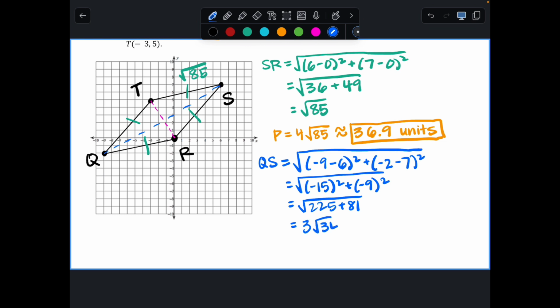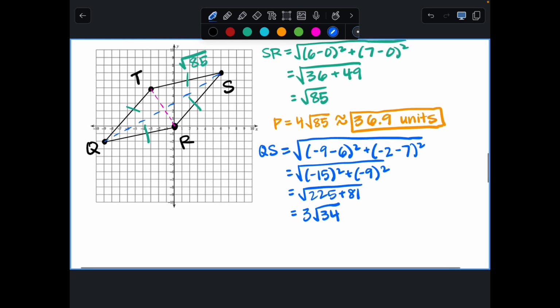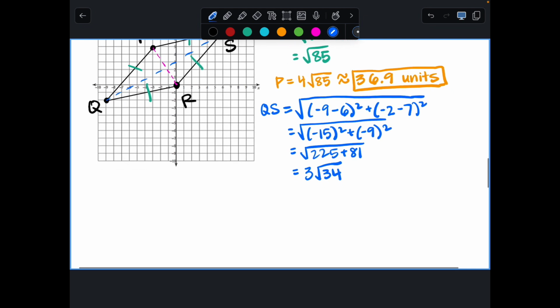Using my calculator, I get an answer of 3 root 34. I'm not going to convert it to a decimal yet. So that's my D1.